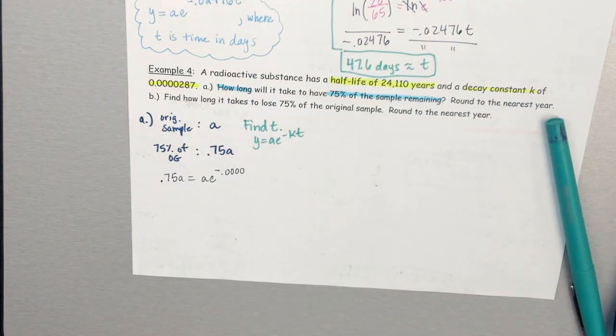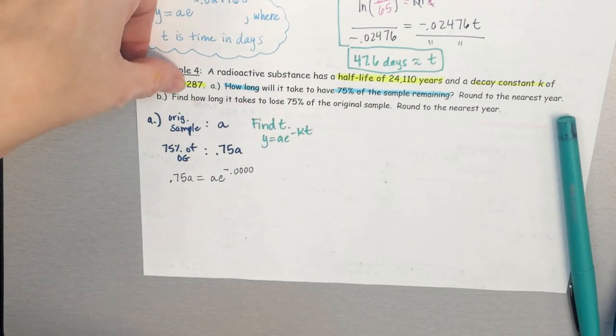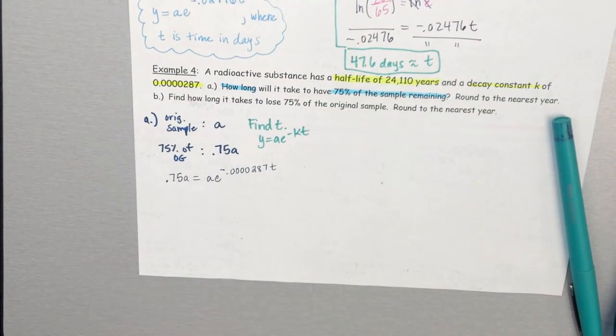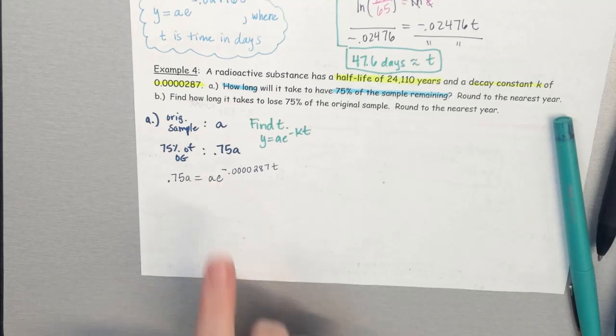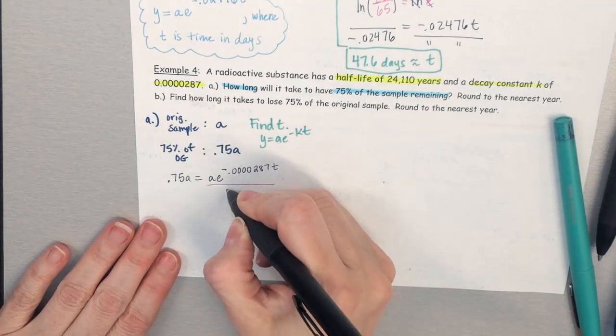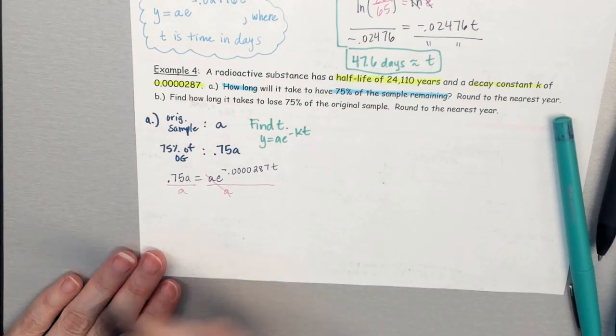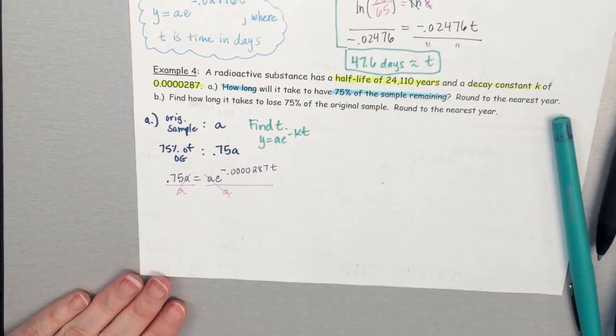We have 0.0000287 T. Okay, and then if we're trying to solve that for T, our first step is always to move over what's in front. So we would divide by A, which of course is going to cancel out here, but it's also going to cancel out on this side.